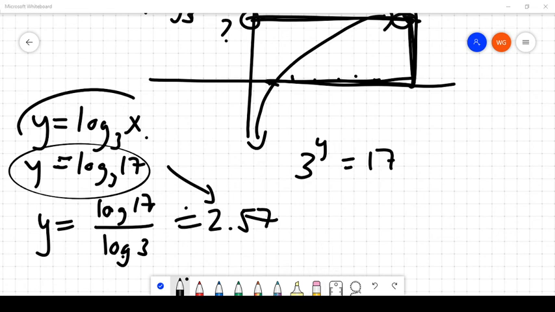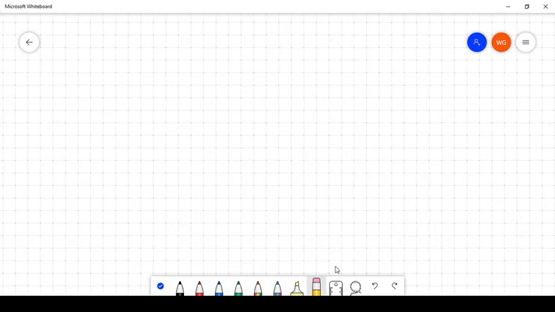Let's go ahead and do a tricky one here. Evaluate the expression 5 to the power of log base 5 of 25.